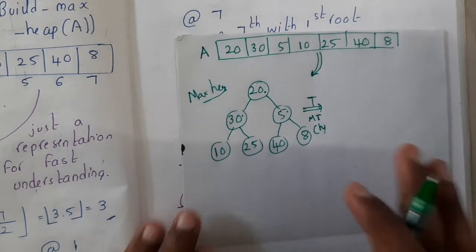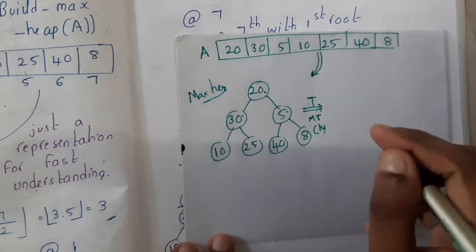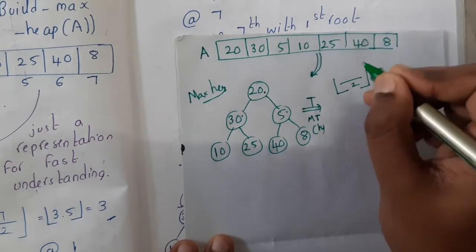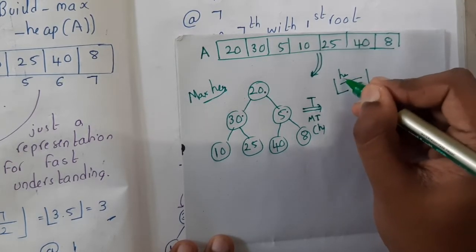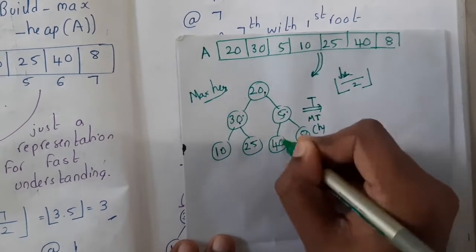Now your question will be, from where should I start? You start at length by 2, which is floor of length by 2. What is the length? 1, 2, 3, 4, 5, 6, 7.